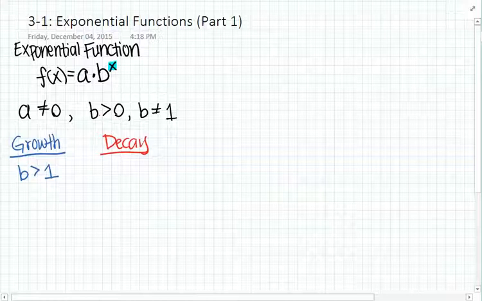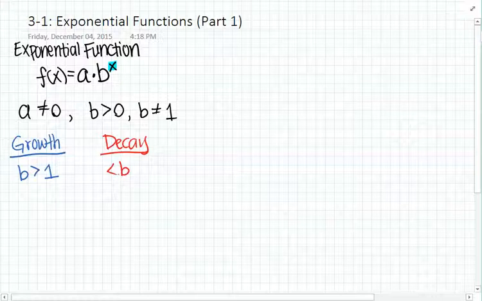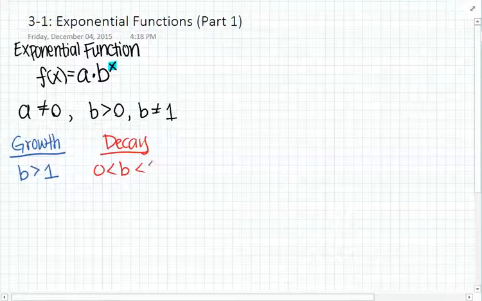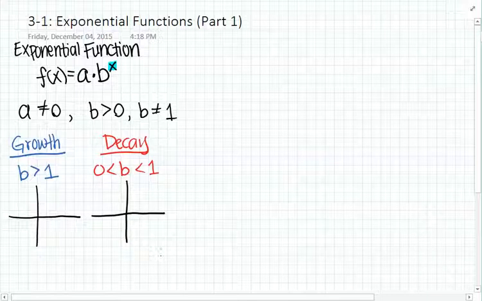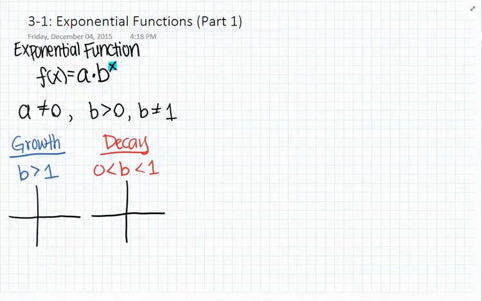Now, we already discussed how b has to be greater than 0, but if it's less than 1, in other words, between 0 and 1, it is a decay function. So visually what that means is, well, let's pop open Desmos and play with it a little bit.